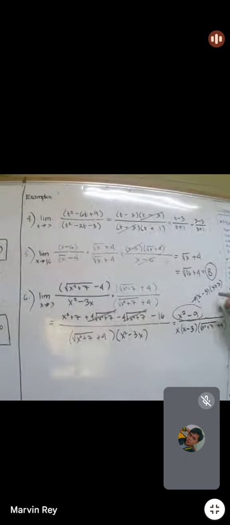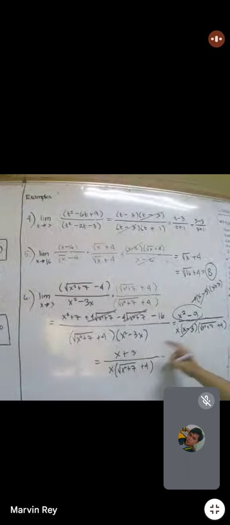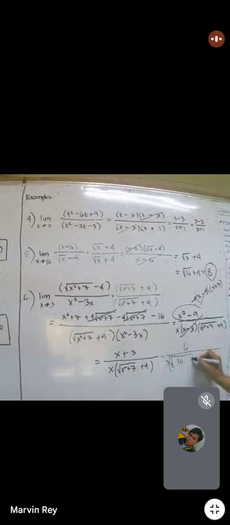Then with this possible factor, you can have x minus 3 cancelled out. So the remaining value is now what? x plus 3 all over x times square root of x squared plus 7 plus 4. You have to try if you can substitute now. So try substituting the value of x: 3 plus 3, 6 all over 3 times square root of 3 squared plus 7, which is 16, square root of 16 is 4, plus 4.